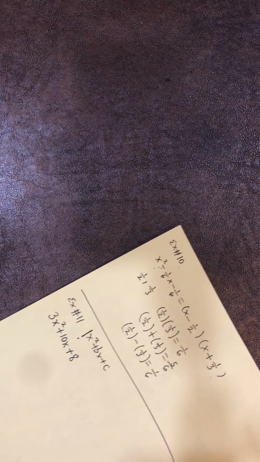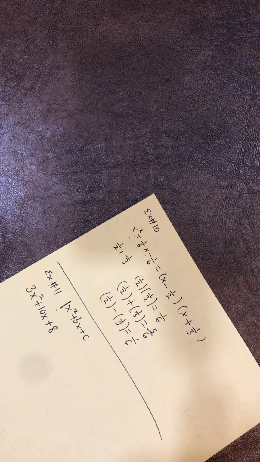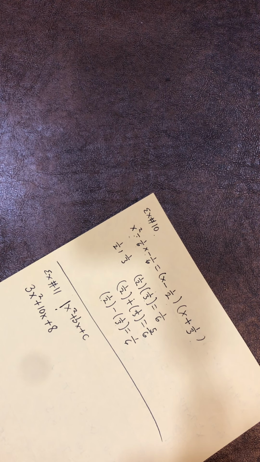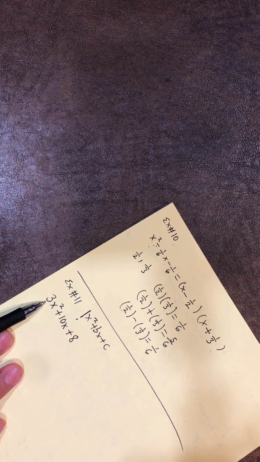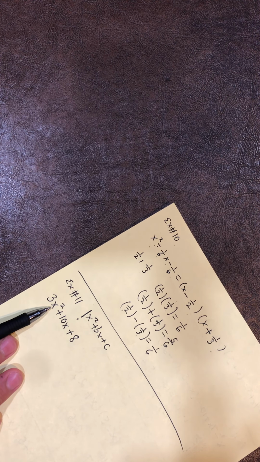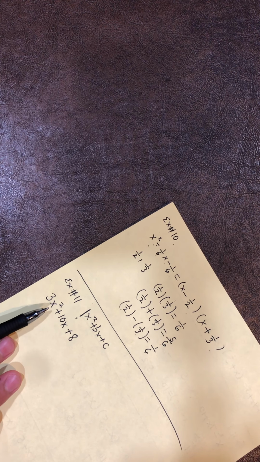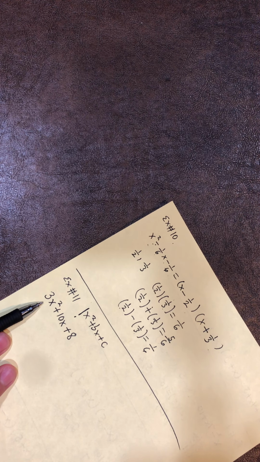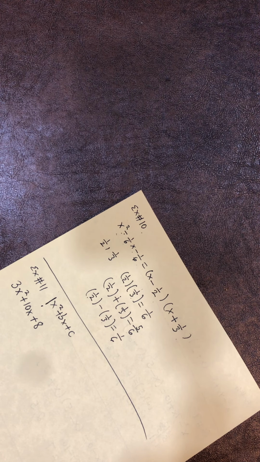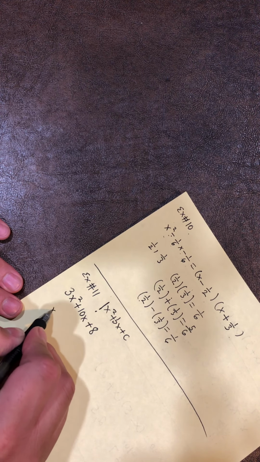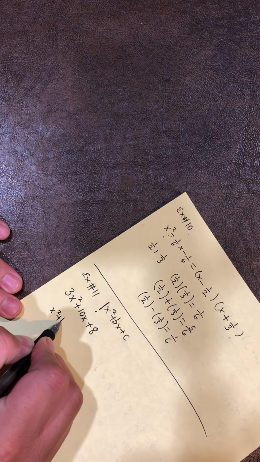Pretty much the way we can solve this: whenever you have a number here that is not a 1, the coefficient of the x squared is not 1. See, when you have this expression, x squared plus bx plus c, in a way it looks like this. Check it out.